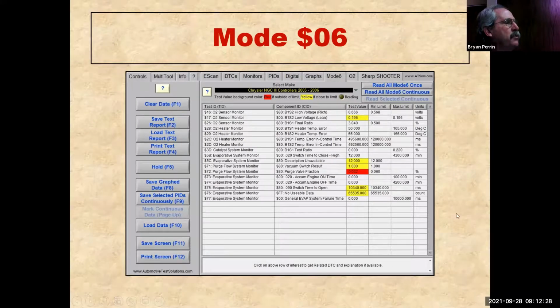This is the same tool that you saw yesterday when I was on Nissan, except this time I told it I'm working on a Chrysler Next Generation 2 controller for 05 or 06. So it automatically decoded everything, which is pretty slick. I can do that with a whole lot of different manufacturers with the software, which is just a neat thing.